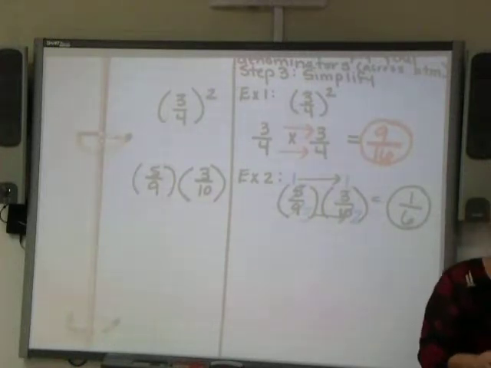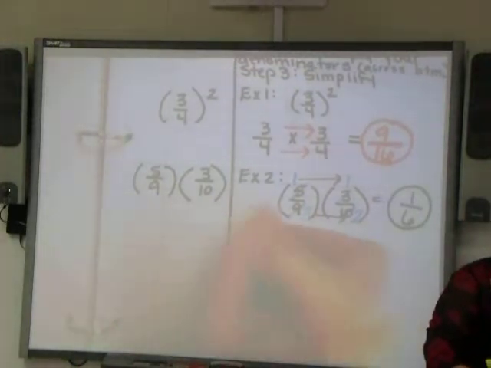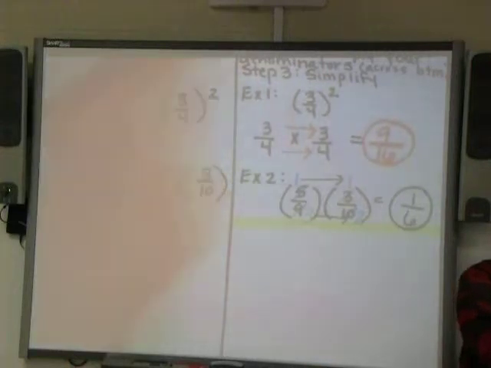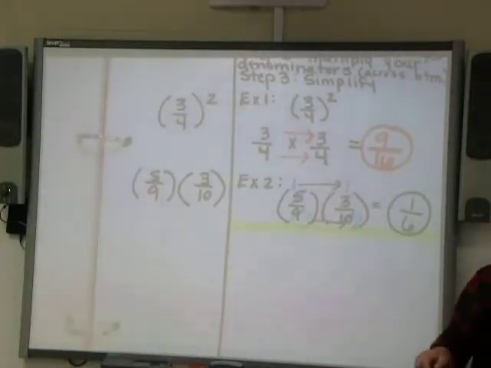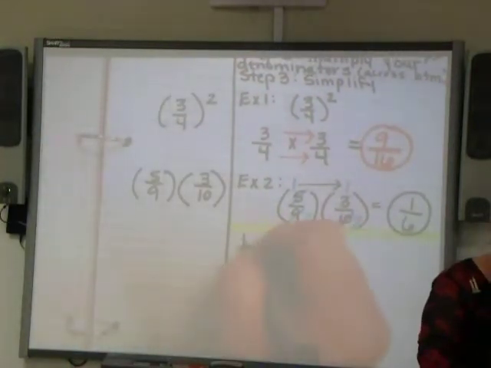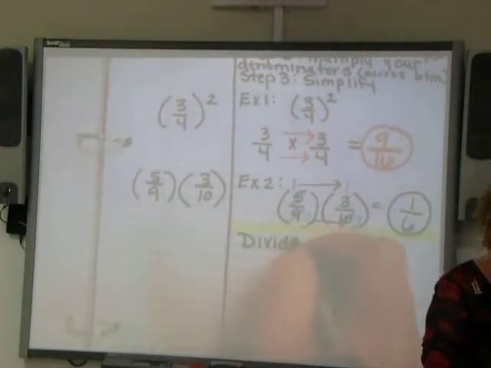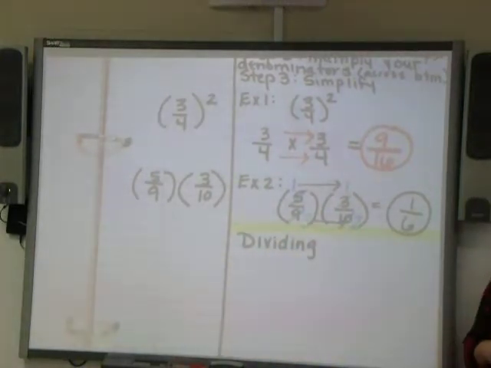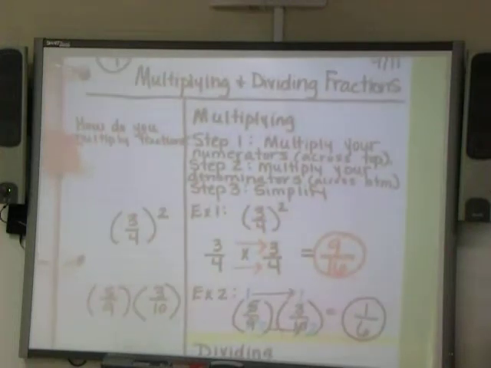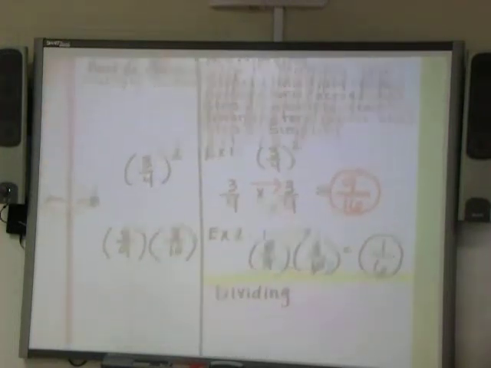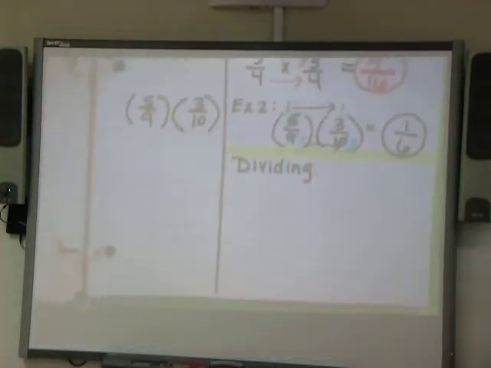Now, we're going to change, and we're going to do not multiplying, but dividing, starting with the steps. Just like we did multiplying in the steps, 2 examples. We're going to do dividing in the steps with 2 examples.